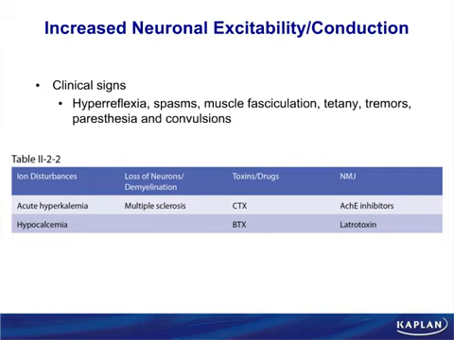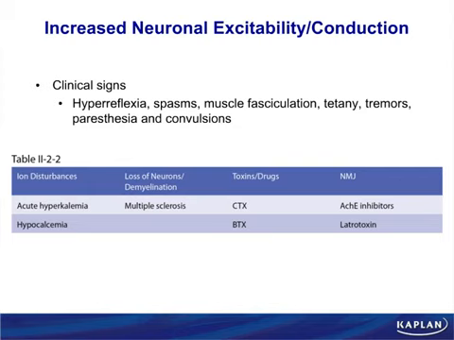Now, it could be a demyelinating disease. If they said the word demyelinating and they said spasms, hyperreflexia, bam, just jump on it. Multiple sclerosis. Okay, it's demyelinating CNS. Some drugs that will increase the duration of the action potential are our drugs that block inactivation. Ciguatoxin, batrachotoxin, CTX, BTX.